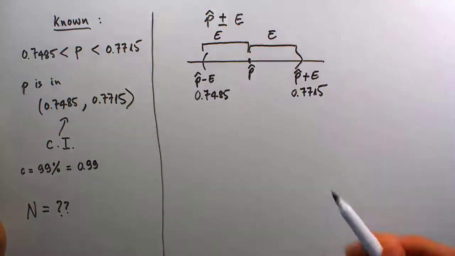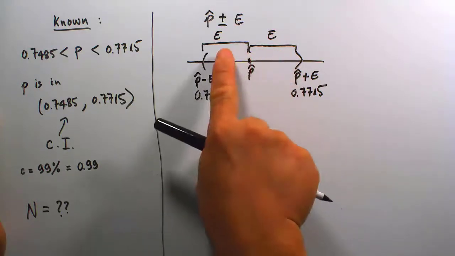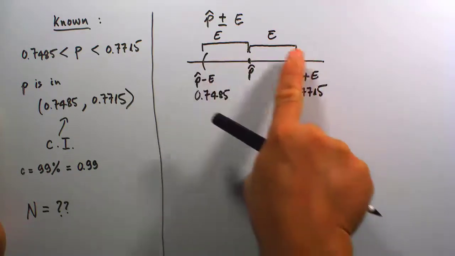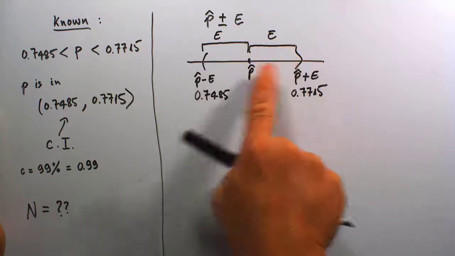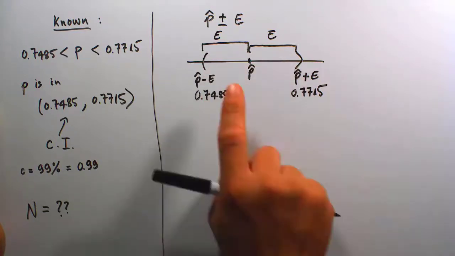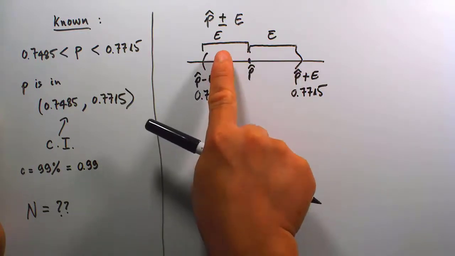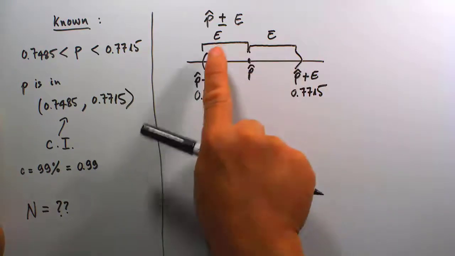So that means, in the way I'm drawing my picture here, margin of error is half the total distance of the interval, or half of the total length of the interval. That gives us a clue how to come up with the value of margin of error.